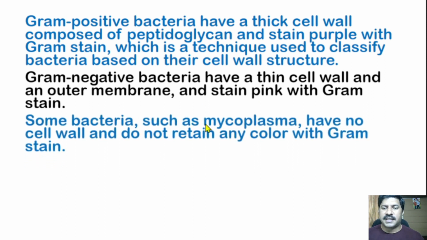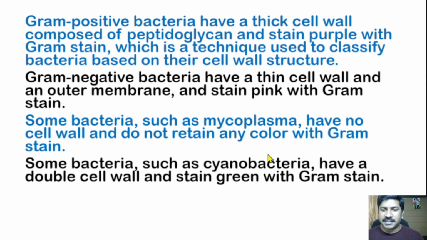Some bacteria such as mycoplasma have no cell wall and do not retain any color with gram stain. Some bacteria such as cyanobacteria have a double cell wall and may stain green with gram stain. So these are the differences while doing the gram staining process.